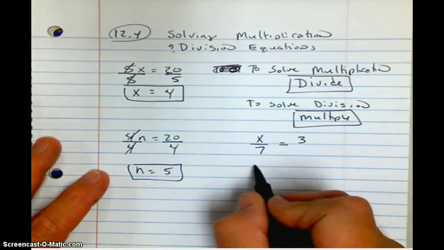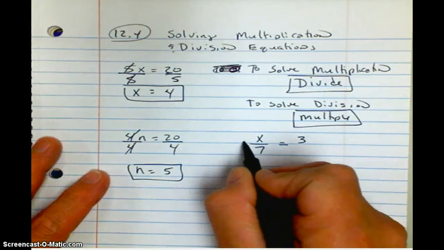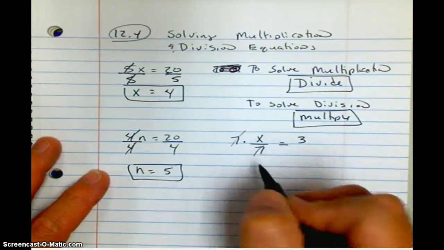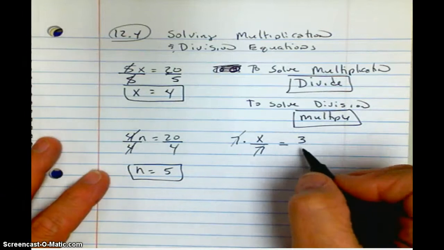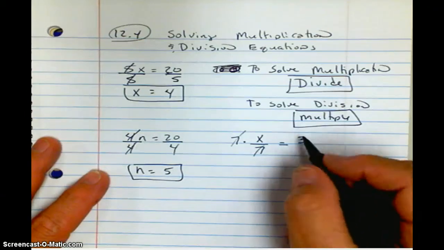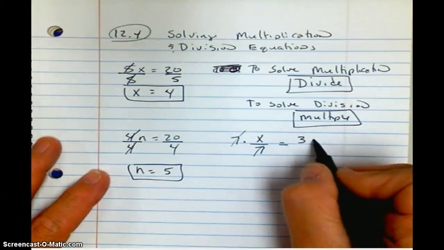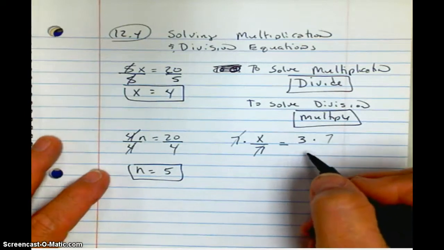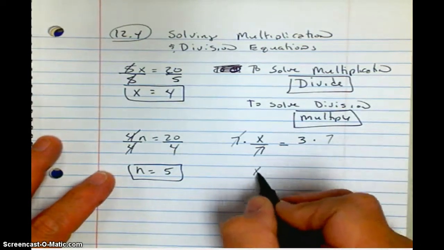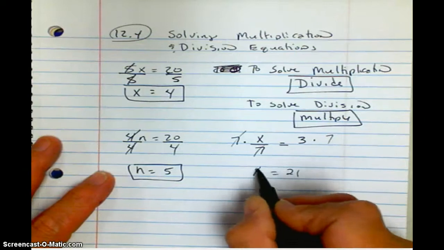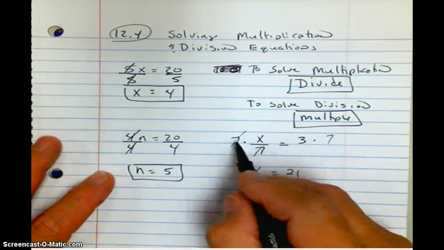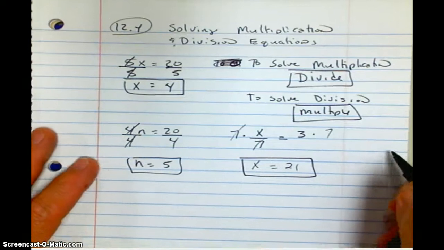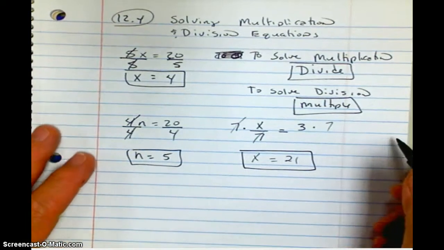So the 7 and 7 are going to cross each other out, and we multiply 3 times 7. We multiply both sides times 7, and that gives us x is equal to 21. So instead of dividing by 7, we multiply by 7, so it crosses itself out, and x is by itself, equal to 21.